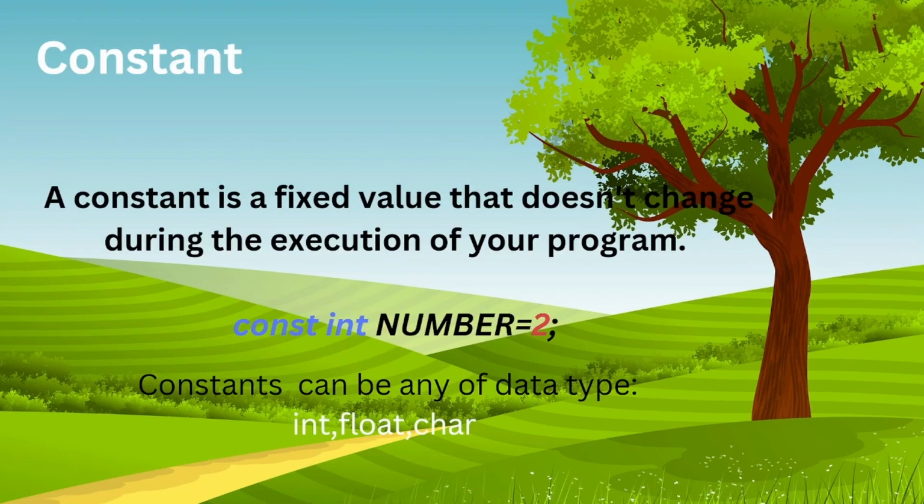Let's take another thing. What is a constant? A constant, as the name suggests, is a fixed value. It does not change during the execution of your program. For example, we have the integer number 2 that will not change.